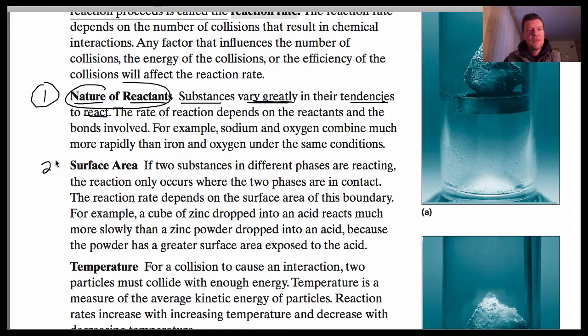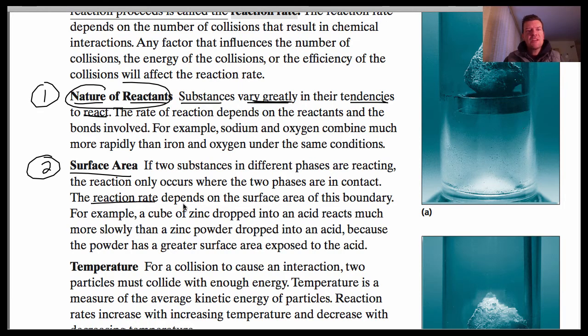Number two, surface area. What that means is, remember they have to collide. Well, if you don't have a lot of area for particles to interact, then there's not going to be a lot of collisions. So if you increase the surface area so that particles can get in there and interact and collide, you're going to increase the rate of the reaction, okay?